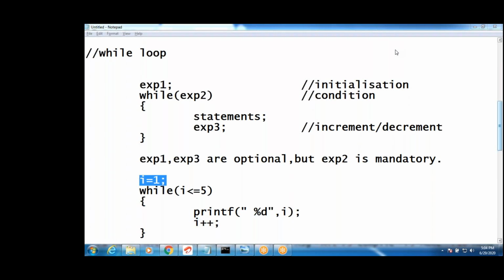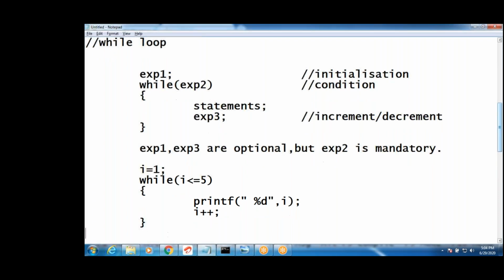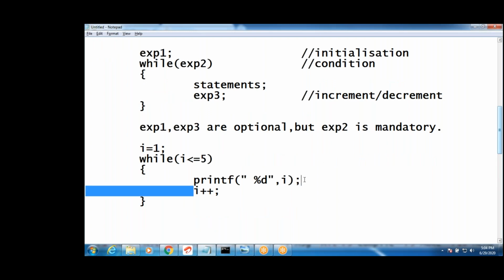I less than or equals to 5. Printf percentile I values it is printing and I plus plus.